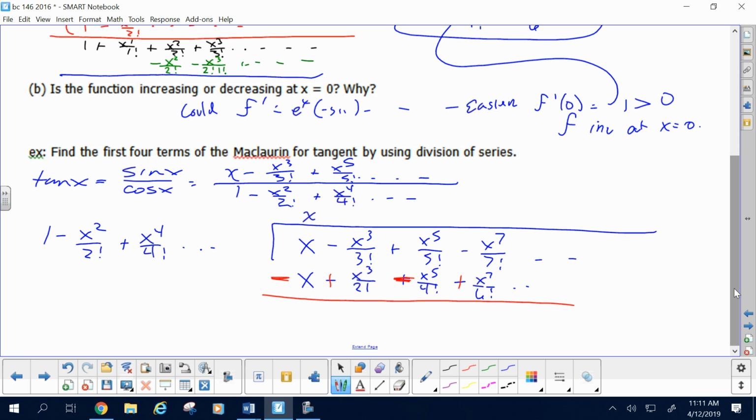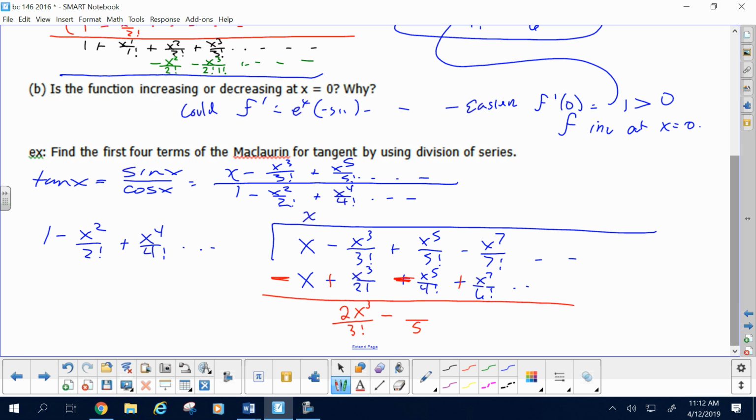The common denominator: 3 factorial has 2 factorial in it, right? So you would need to multiply x cubed over 2 factorial by 3 over 3 to get the common denominator. So I get 3x cubed over 3 factorial minus 1x cubed over 3 factorial. That is 2x cubed over 3 factorial. Here, the common denominator is 5 factorial or 4 factorial? 5 factorial. I would need to multiply this by a factor of 5. So you'd have x to the 5th minus 5x to the 5th.